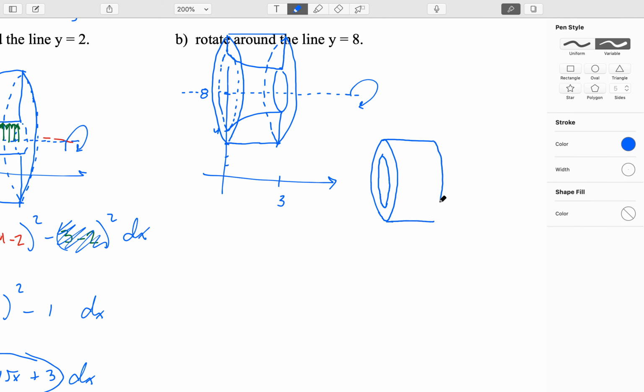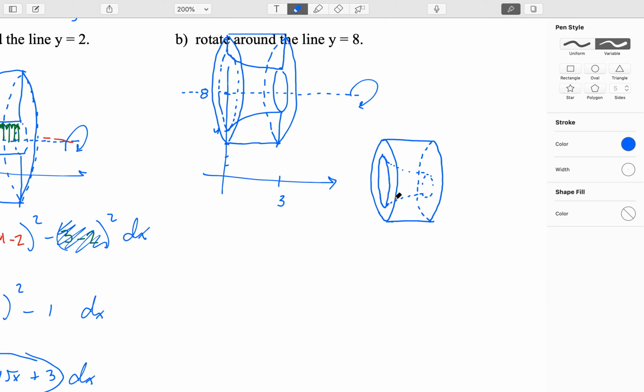So in some ways, it's kind of like a hockey puck. And this is going to be coming into there. So it's a smaller hole there. So it's going to be a shape kind of like this.